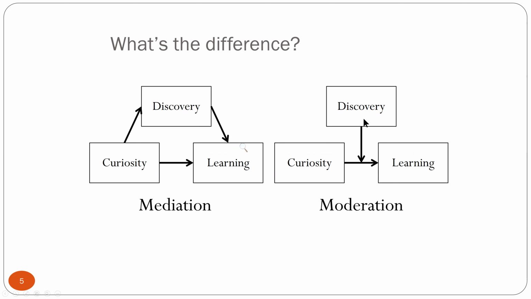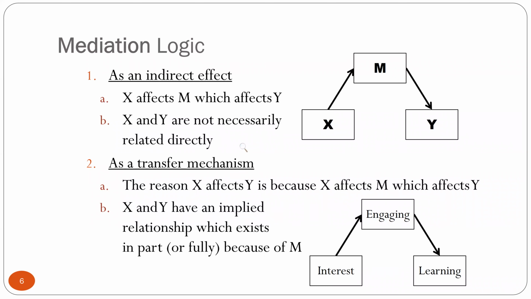So moderation is about context. Mediation is about process. Mediation is the reason for the effect. Moderation is under what context the effect takes place, which I just sort of talked about. Here's another one. Interest leads to learning, in as much as interest leads to engagement, which then leads to learning.